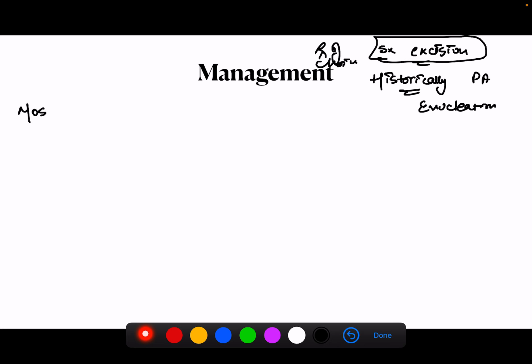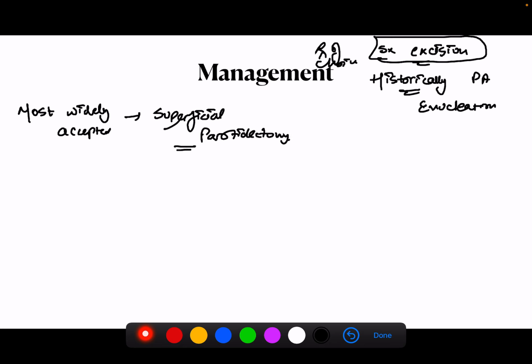Also, most widely accepted is superficial parotidectomy. This is defined in my previous videos, what is superficial parotidectomy. And we have seen in this that the superficial lobe is affected most commonly. So we'll remove the superficial lobe, or if both the lobes are affected and causing the dumbbell swelling, in that case we'll be removing the total gland, that is total gland excision, along with facial nerve preservation if this nerve is not involved.